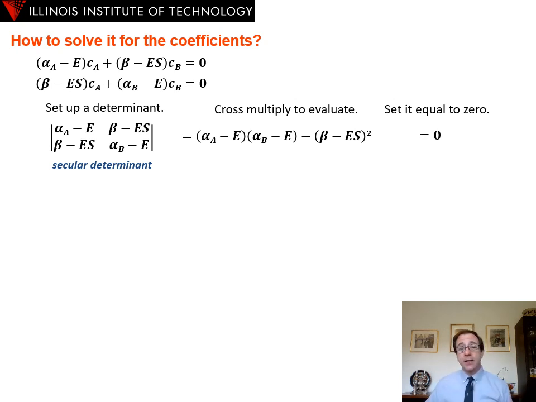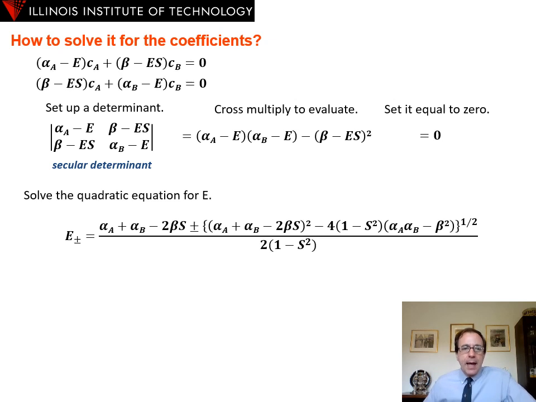So now we have a single equation, which is a quadratic equation, and we're just going to solve that quadratic equation for E, and we'll get two values for E, because it's a quadratic equation, the plus and minus values, and it is this somewhat complicated equation. It's just an algebraic equation, so it's not that complicated. All right. So that's how we go about solving the secular determinant for these two wave functions.